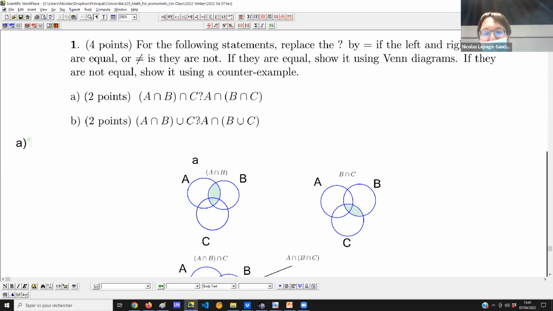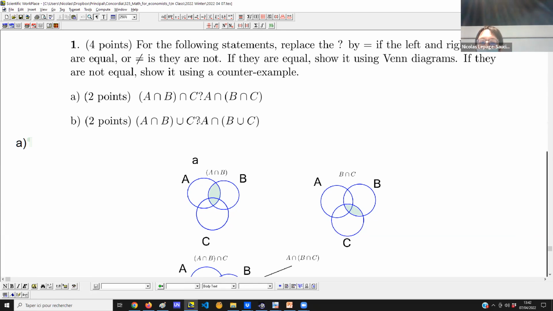So can somebody think of a counterexample? Just think of some sets A, B, and C where it would be false. Not so easy to think of that actually, but once you have it, then it works. I'm not going to expect you to find something super complicated.